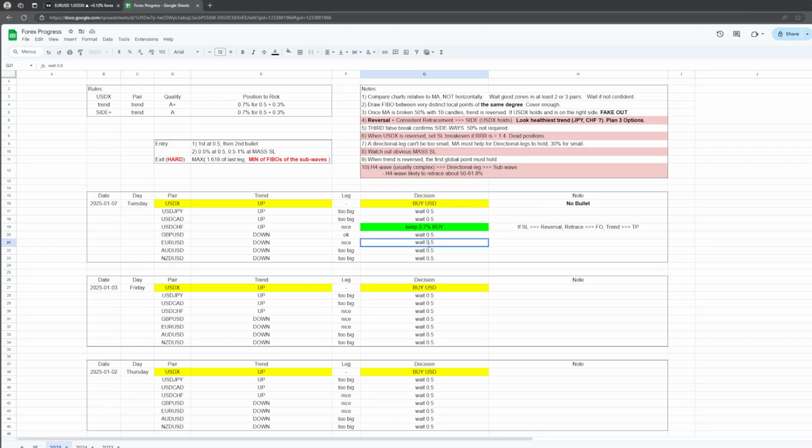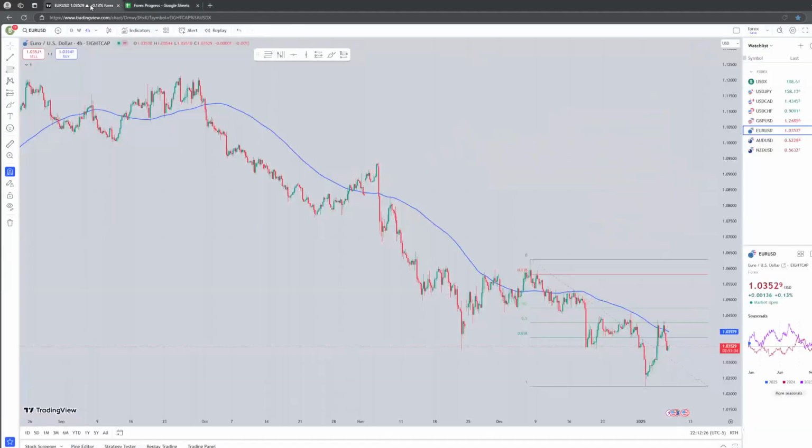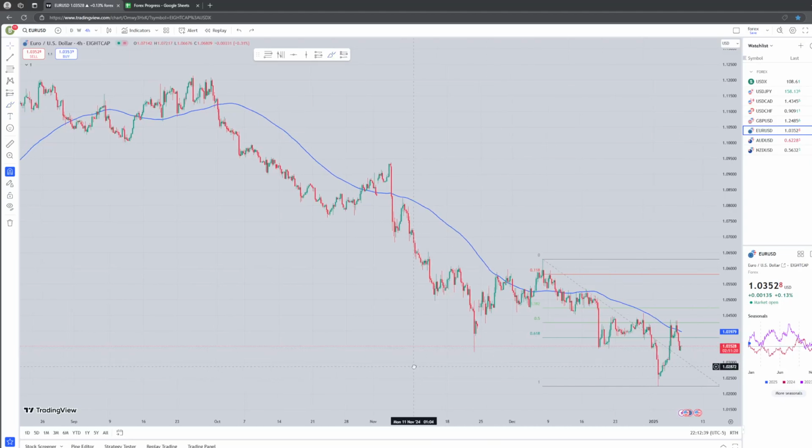So actually it already reached, so here it reached 40% retracement, reached 50% already. Yeah, so if you have been following my videos, the 50% retracement here was a really good sell limit opportunity, which I read correctly in my previous videos.